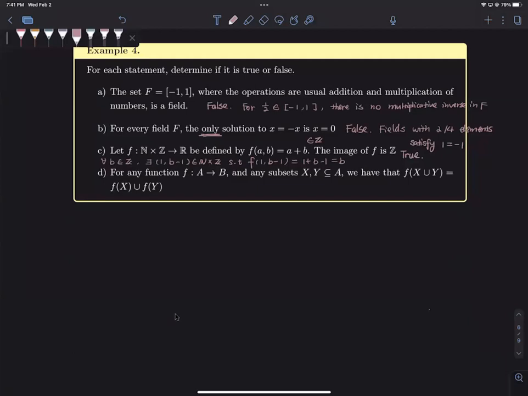Anyone? Why is it true? It is true. Exactly, it's a proposition. That's why I said it's the easiest, because it's in the book. It's proposition 2.2.4.